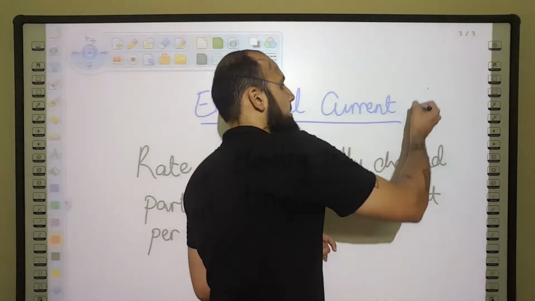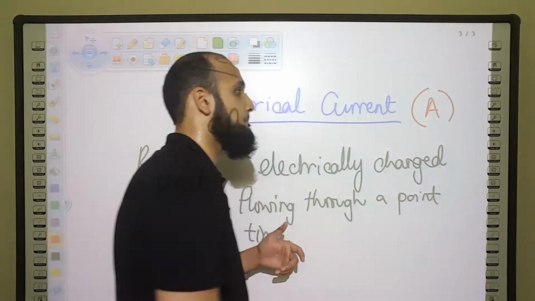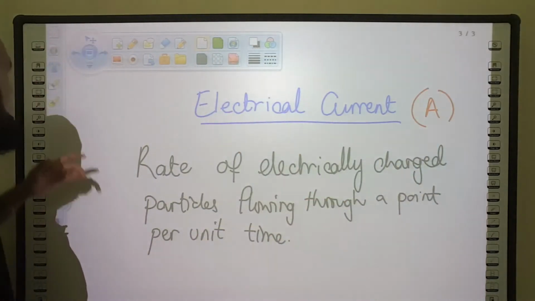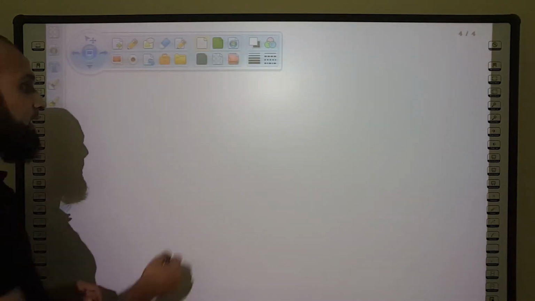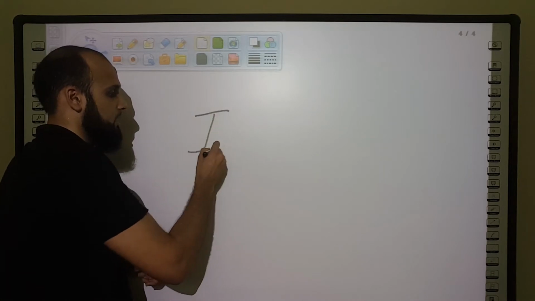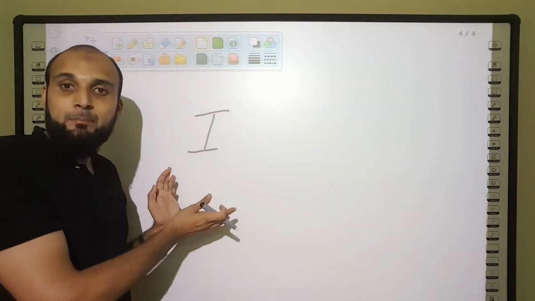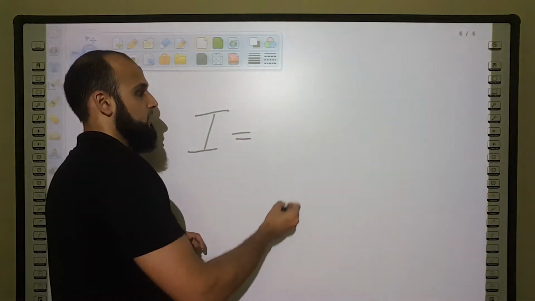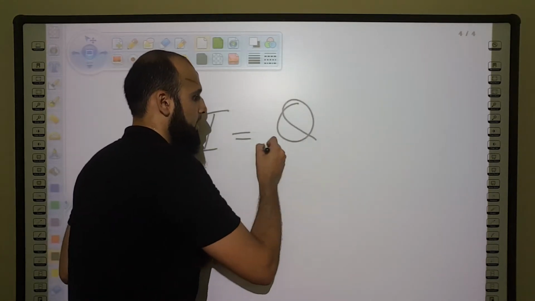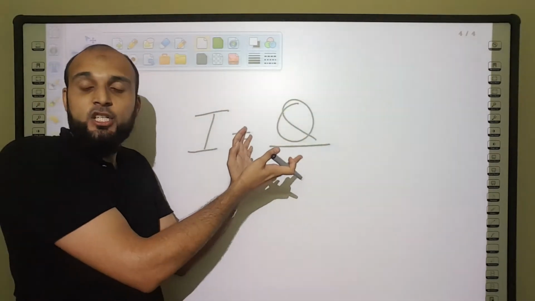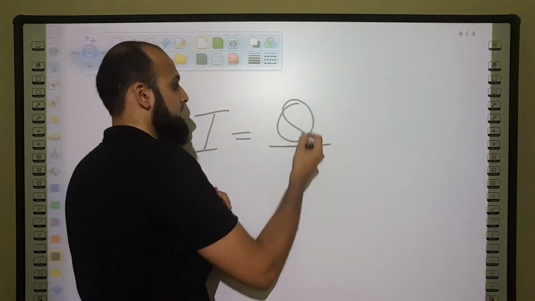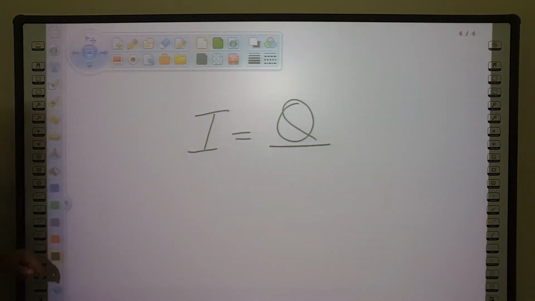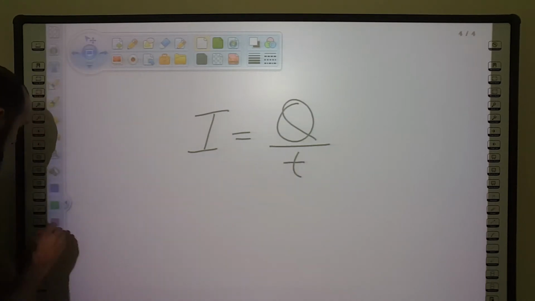Electric current is measured in amperes or amps, right? So mathematically, what this looks like is electric current, denoted by the symbol capital I, is equal to an amount of charge, and this amount of charge isn't just an electron. This amount of charge is in coulombs that are flowing per unit time.